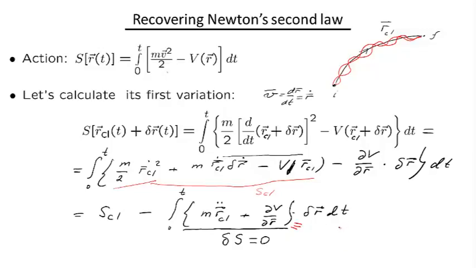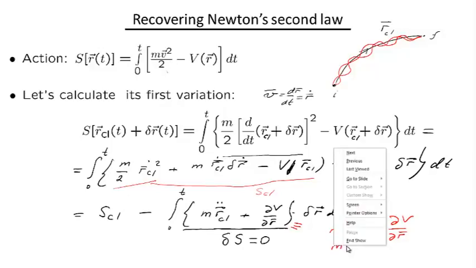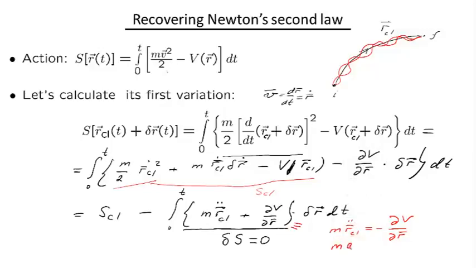If we write it out, we get m r double dot is equal to minus dV over dr. The second derivative of the coordinate is known as the acceleration, so the left-hand side is simply m times a, and the right-hand side is minus the gradient of the potential energy, which is the force acting on the particle.